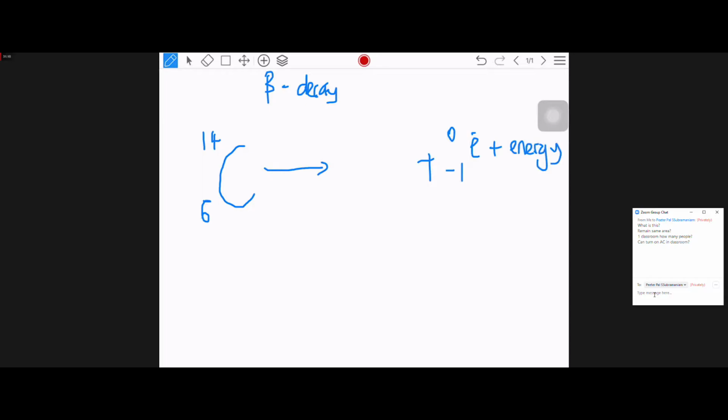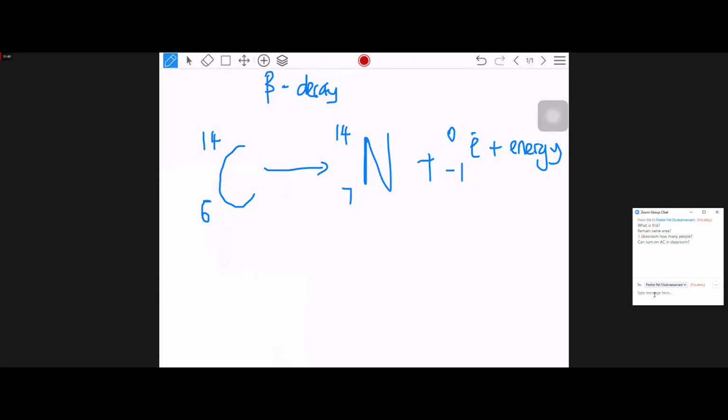So what is the new product? The new product must have a proton number of 7 and the nucleon number remains the same. It is found to be nitrogen. So whenever carbon 14 decays by emitting one beta particle, the new element formed after the decay process is a new atom of nitrogen. So this is the idea.